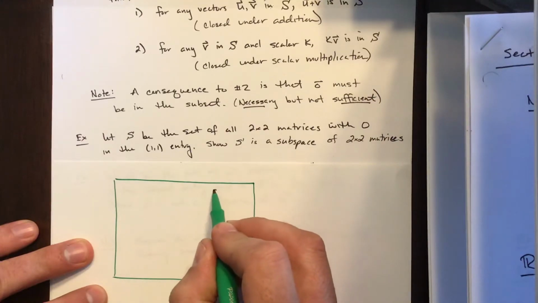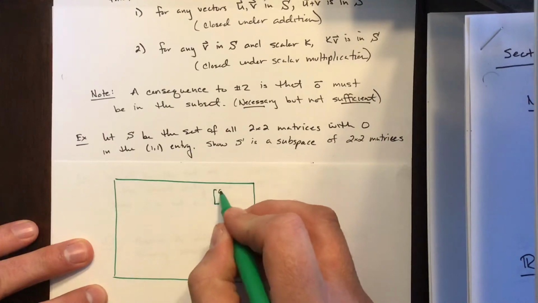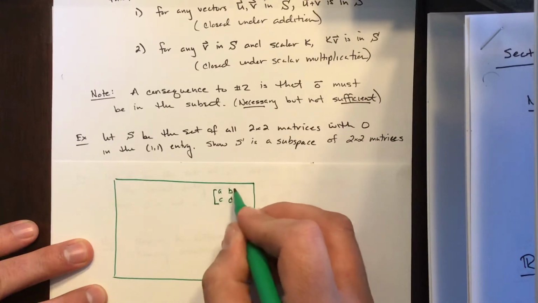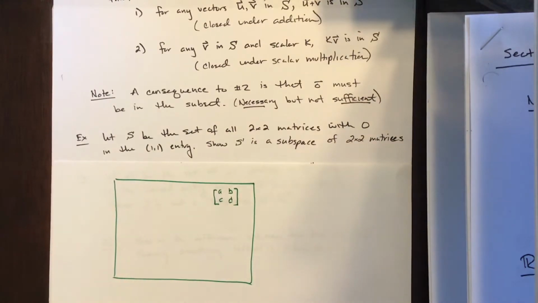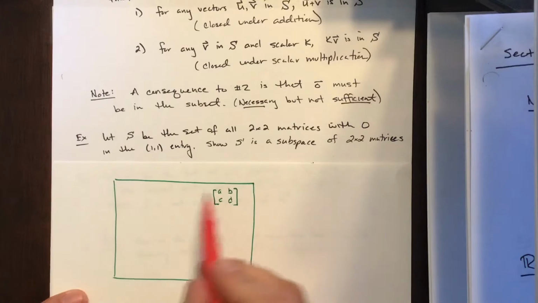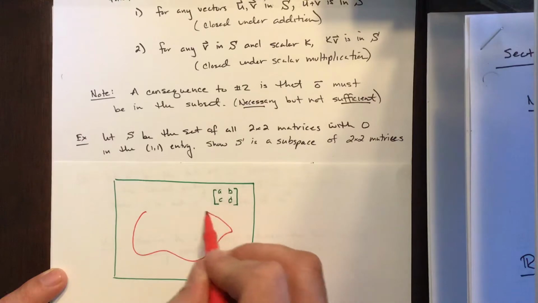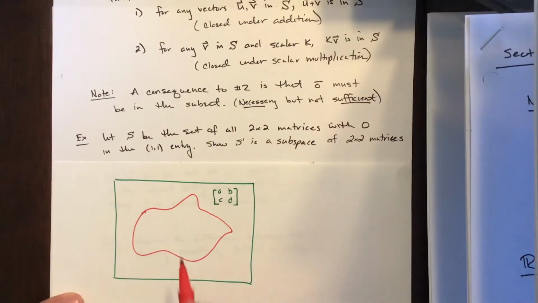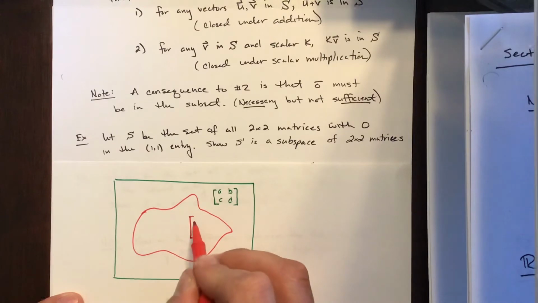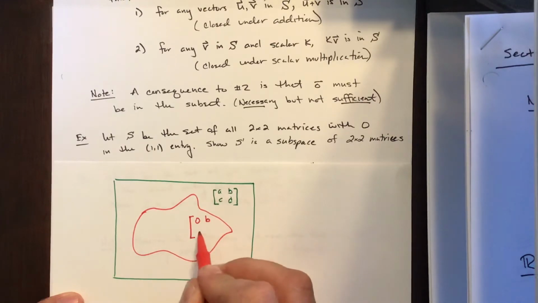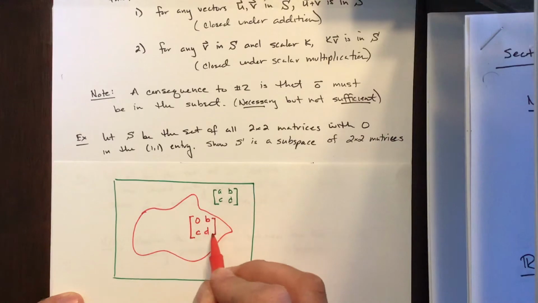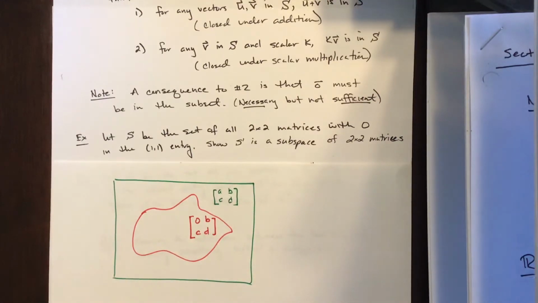A generic element in that set would be A, B, C, D, where A, B, C, and D are all real numbers. What they're saying is that within this vector space there is a group of matrices that look like this: 0, B, C, D, where B, C, and D are any real numbers they please, but the upper left-hand corner must be 0.